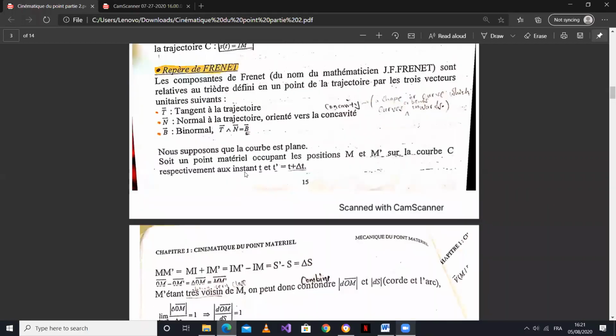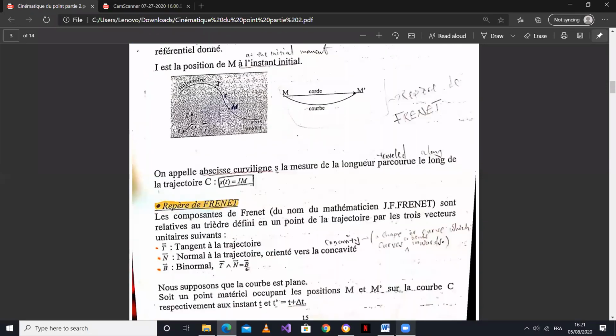So try to picture something like this. You have this figure here. You have M there, and imagine maybe M prime is somewhere here towards the end of the curve. So we want this distance MM prime. You move from M, then from M to M prime, or it can be the difference between IM prime and IM.